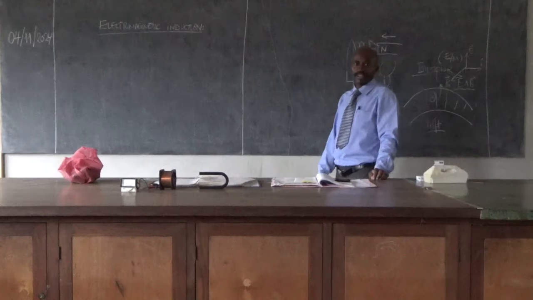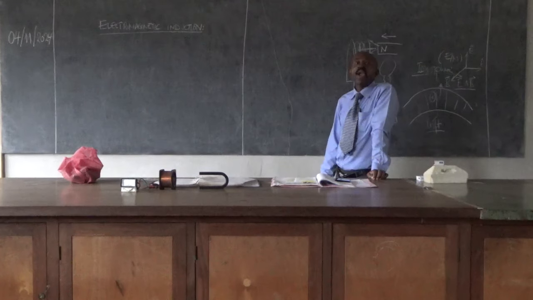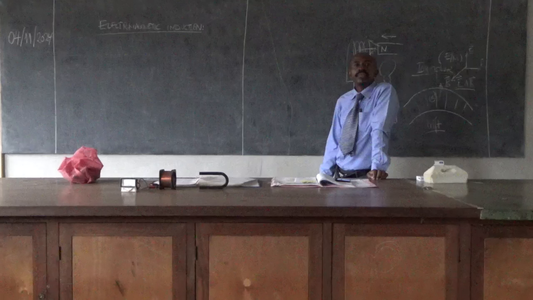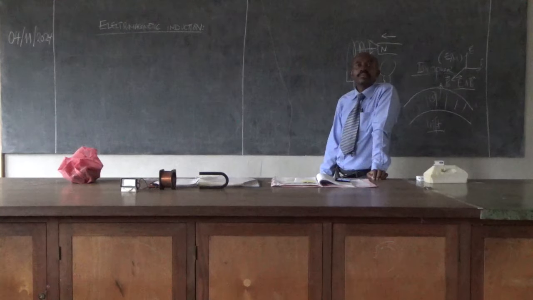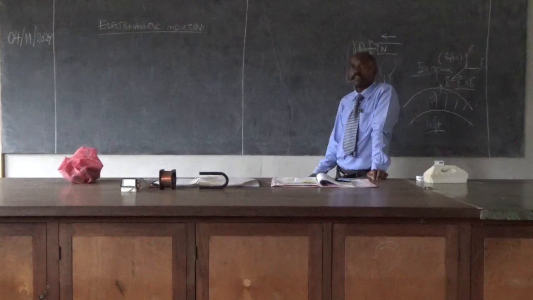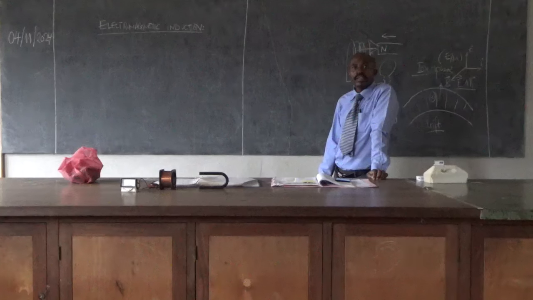You have an idea? Yes. I think the electrons are the ones that are already within the conductor, that are given a motion by the magnetic field. Yes, their motion is initiated by the magnetic field; the electrons are already in that conductor, that wire.